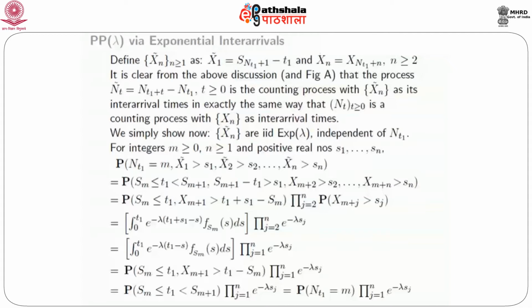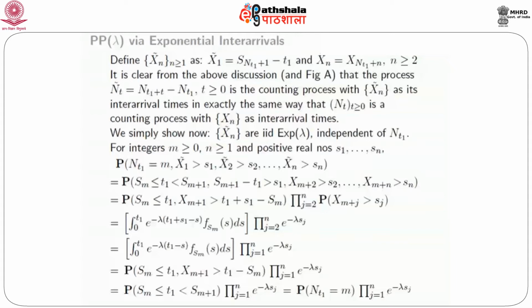And now the first probability, that S_m is less than or equal to t1 and X_{m+1} is greater than t1 plus s1 minus S_m. To calculate that probability, again I'll make use of the independence of X_{m+1} and S_m. So I write this joint probability by using conditional probability and then integrate with respect to density. So for S_m less than or equal to t1, I have to integrate from 0 to t1 with the density of S_m.